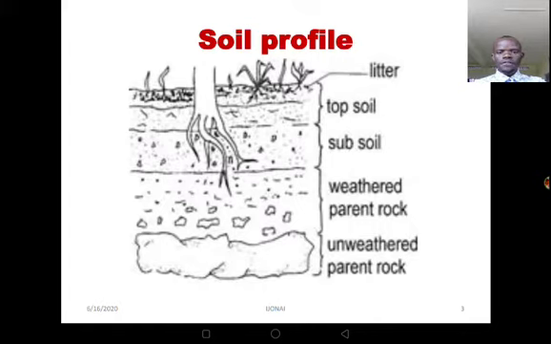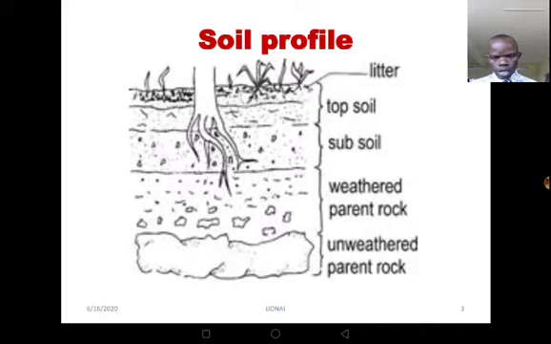Now humus is a very thin layer which is found on top of the soil. Now below that humus or litter, we have topsoil, followed by subsoil. We have the weathered and the unweathered parent rock.